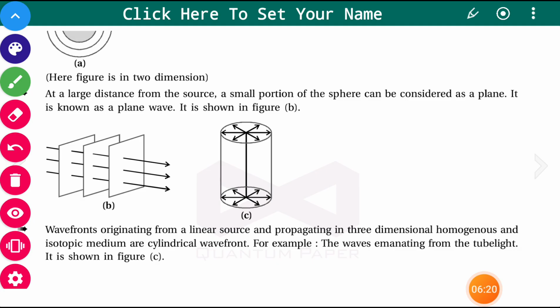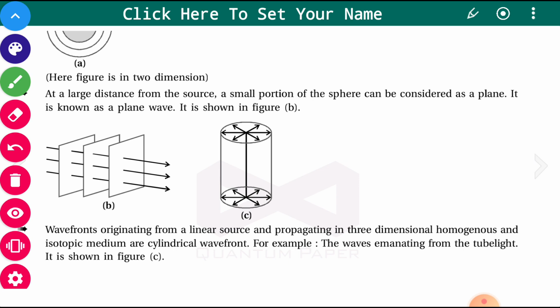At a large distance from the source, a small portion of the sphere can be considered as a plane. Our Earth is a sphere, but at a large distance we have a surface which is a plane surface. Whatever surface we are looking at, for example the ground, it is a plane surface. So this is known as the plane wave.